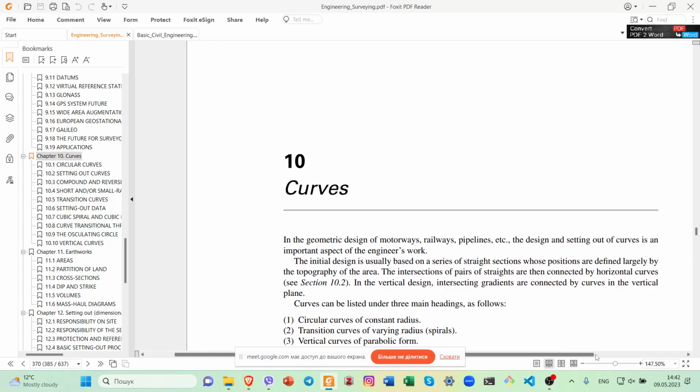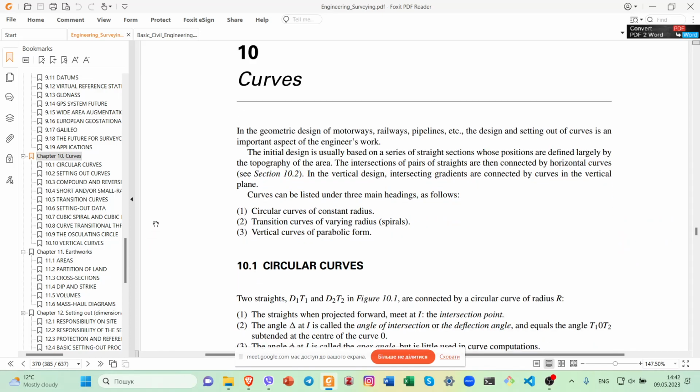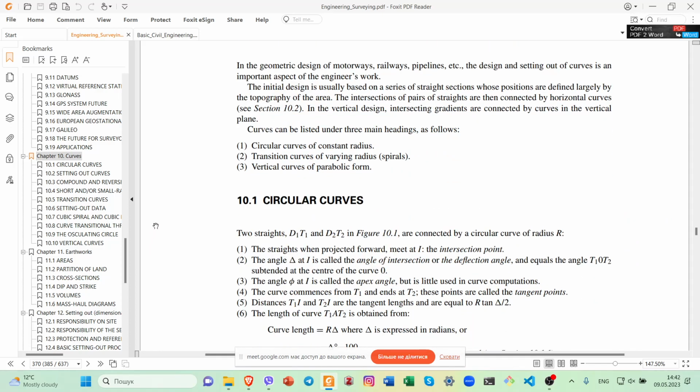In the geometric design of motorways, railways, pipelines, etc., the design and setting out of curves is an important aspect of the engineer's work.